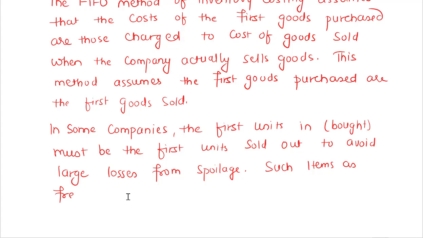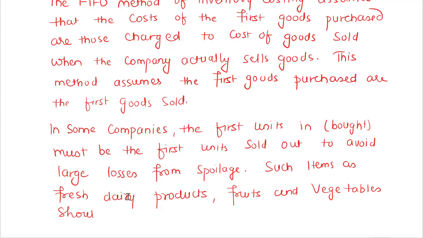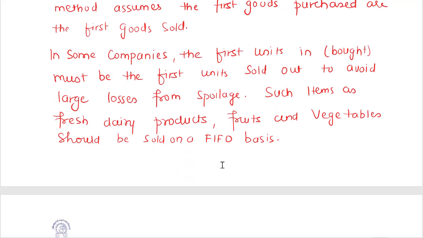Such items as fresh dairy products, fruits, and vegetables should be sold on a first in, first out, that is FIFO basis.